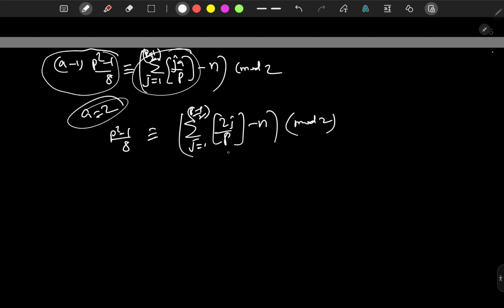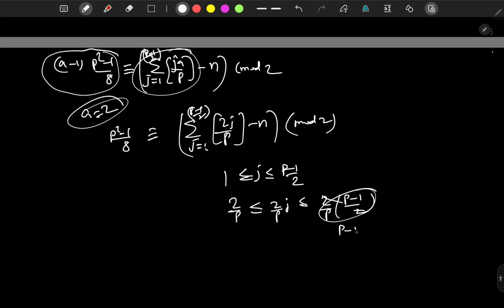We know j runs from 1 to (p - 1)/2, so multiply 2/p by (p - 1)/2. That cancels to (p - 1)/p, which is 1 minus 1/p. So this value is less than 1.